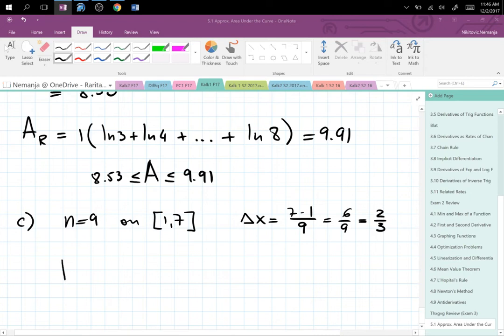So now our partition is going to have 9 rectangles.